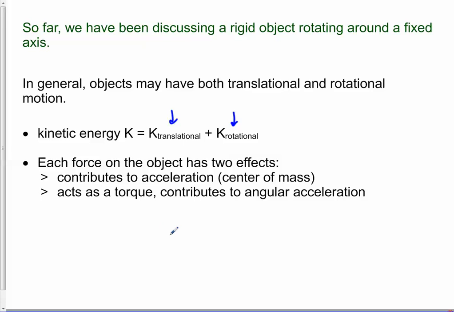So in other words, let's say we have some irregular object, and it's not fixed anywhere. But let's say it has a center of mass somewhere right in here, right? Now if we give it a push with a force, then first of all, this thing is going to accelerate this way. It doesn't matter whether we were pushing up here or in the middle or down here.